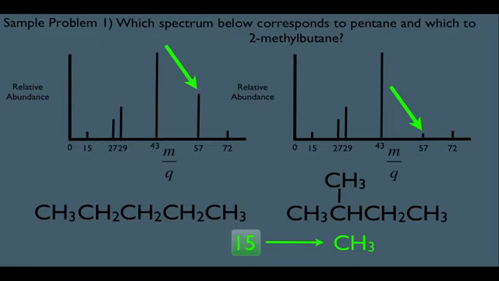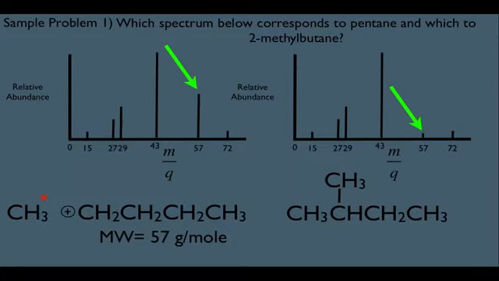Well, let's investigate pentane first. We can shoot an electron beam and break the bond between that first carbon and the second carbon, and it could possibly lose a methyl. And notice the carbocation on the right-hand side of that molecule, that would be detected by the mass spec, and we should see a peak at 57.